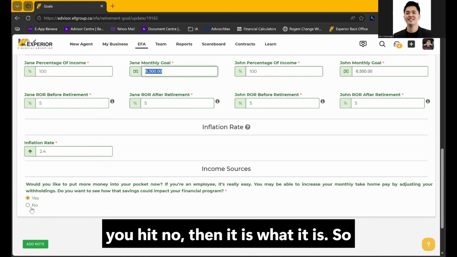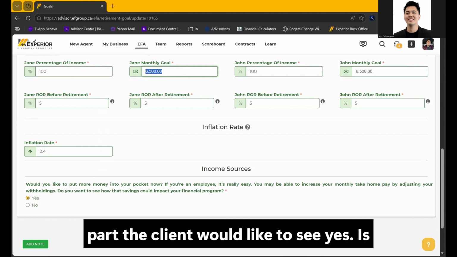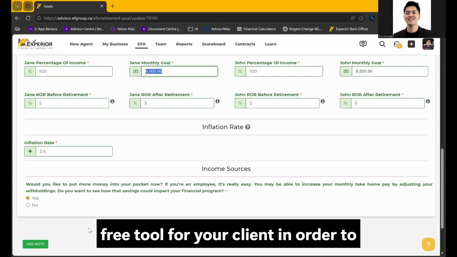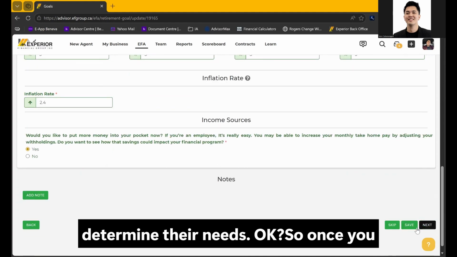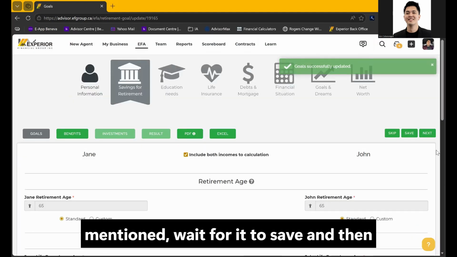Okay. If you hit no, then it is what it is. So you ask the client, but for the most part, the client would like to say yes. Because at the end of the day, the EFA is a free tool for your client in order to determine their needs. Okay. So once you hit that, you hit save as always, like I mentioned, wait for it to save, and then you hit next.